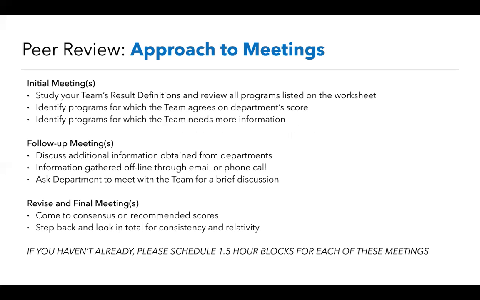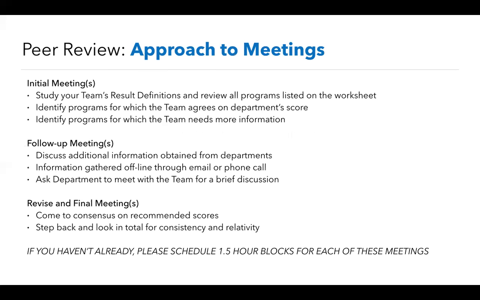So the 3 meetings that we recommend that you hold are about an hour long. I meant to change this last night because I noticed that it said an hour and a half. Just go ahead and block off 60 minutes for each one of these meetings over the next few weeks. First meeting, identify everything you agree on. Just get those out of the way and identify those that you need more information for.